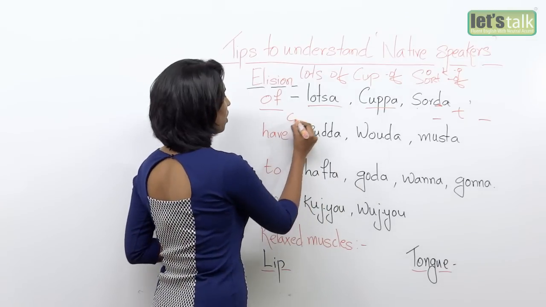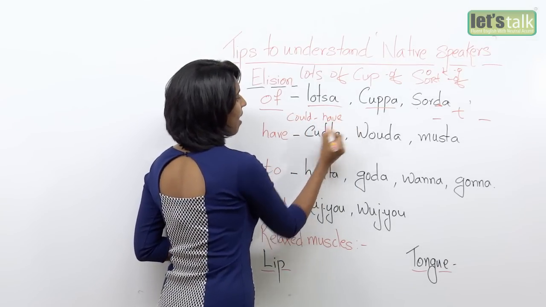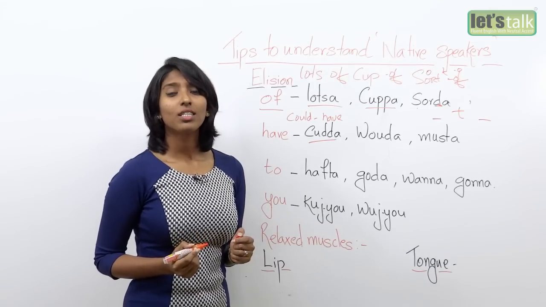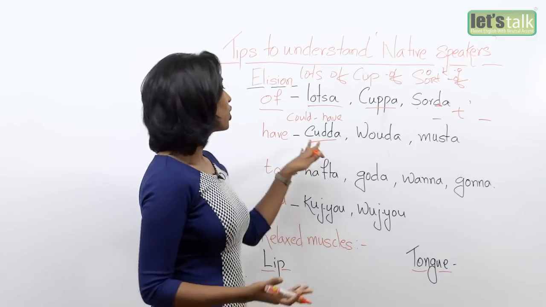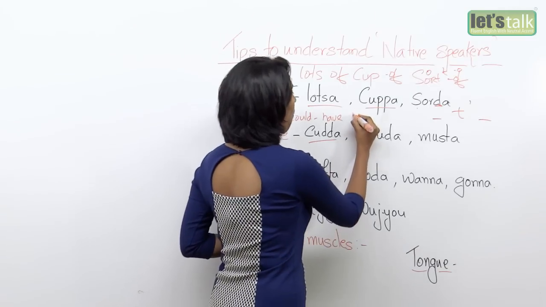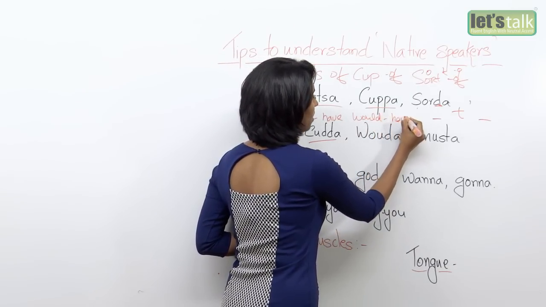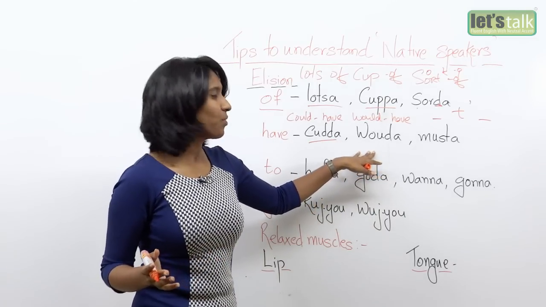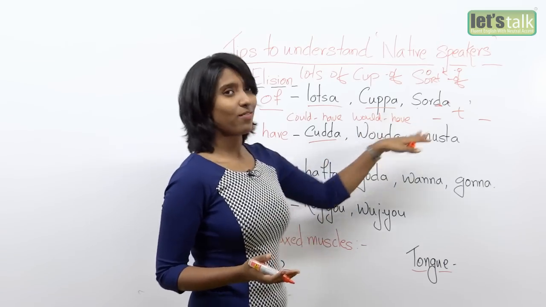So it's could have, coulda. You could have done this a lot better. Coulda. Similarly, would have becomes woulda. You don't want to do that. Woulda. Would have. I would have done that.